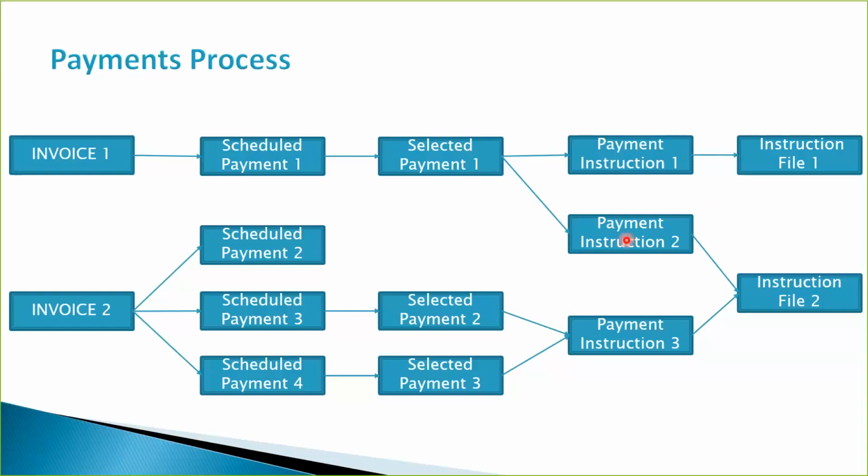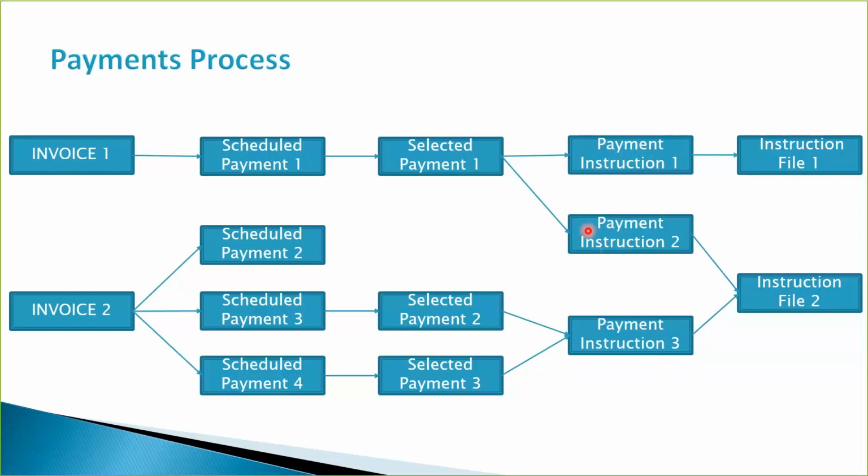Okay. These terms might be a bit confusing when you're wondering what is what. So you can just think of this as payment. Just remove this instruction term here and you can call this payment 1, payment 2, and payment 3.